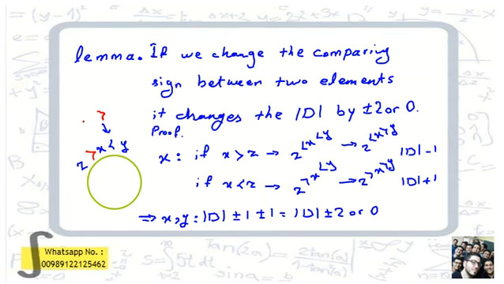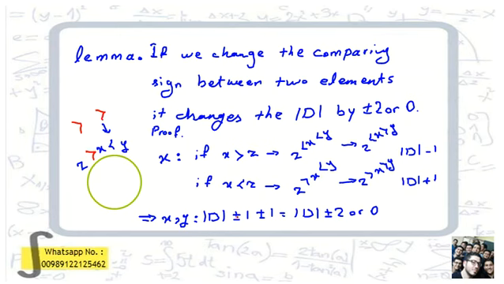If we switch this sign, now it would be like this. Here x was not a desired element, now x is a desired element, so the number of d would increase by 1.